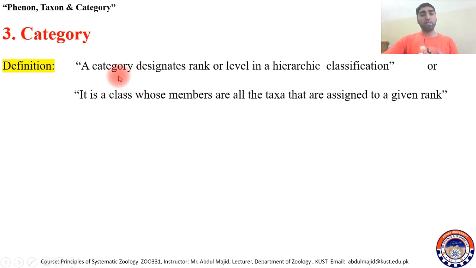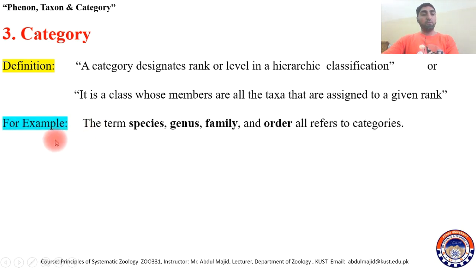So, like a degree, a category designates a rank or level. There is a hierarchical classification from species up to the domain level, and there are many categories in between these two: there is genus, family, phylum, class, and order. So there are many categories over there.